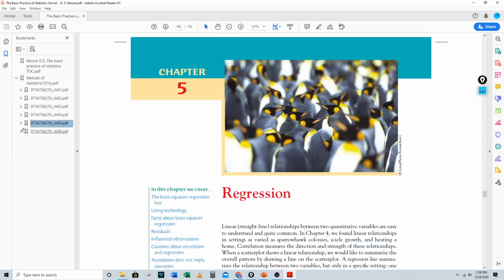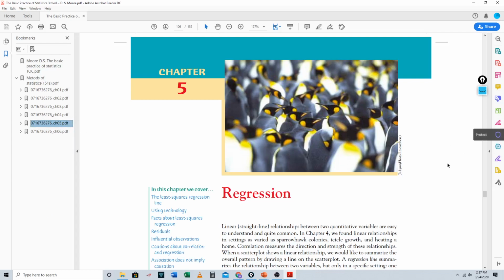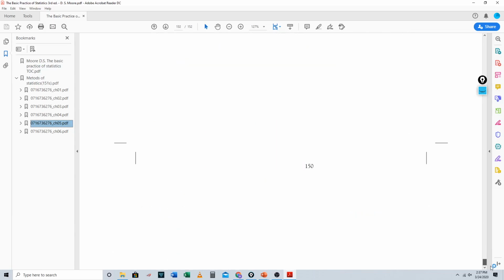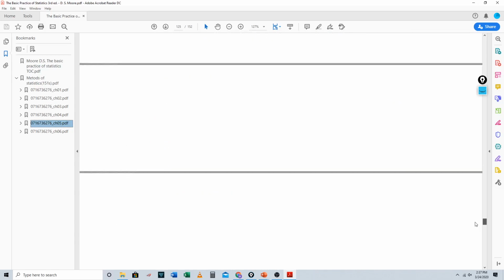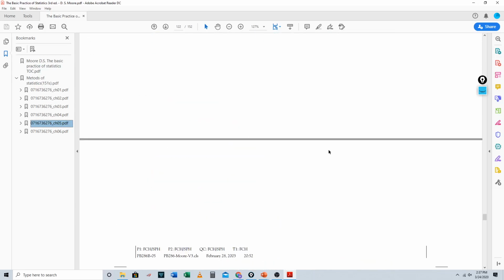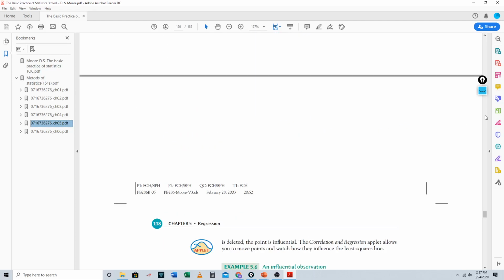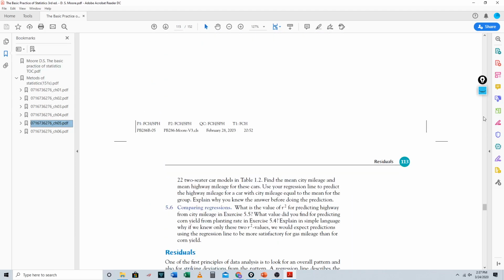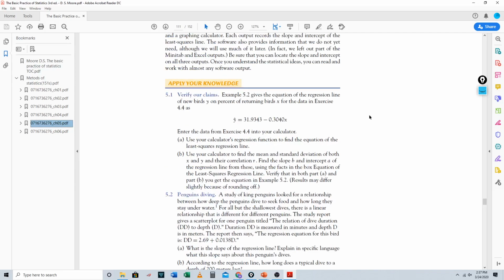There it is. We're on page 109, right here.